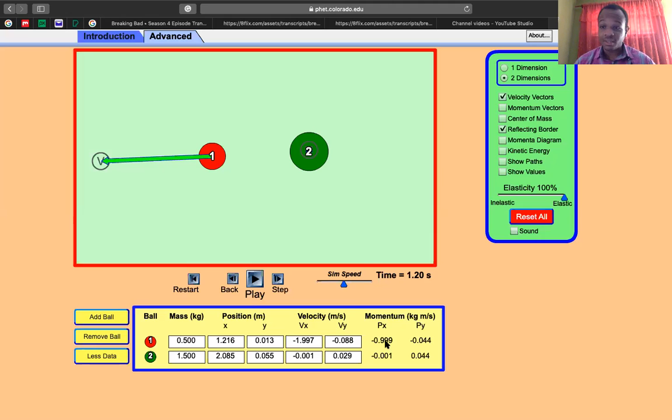So it's the same thing. Remember, our initial momentum was at negative one, right? And our final momentum is now at negative one. It doesn't change. All right, are we okay?